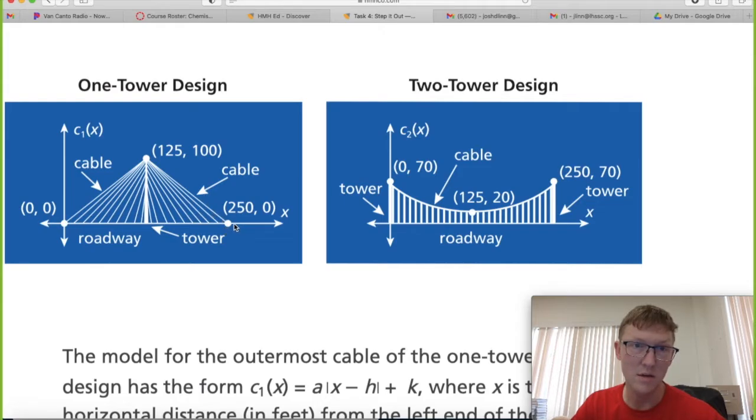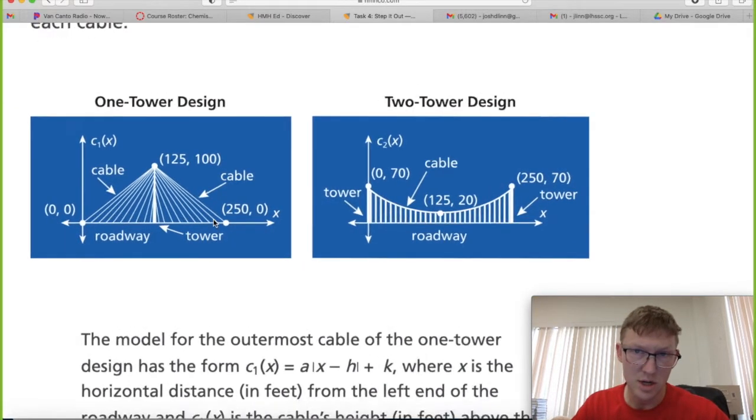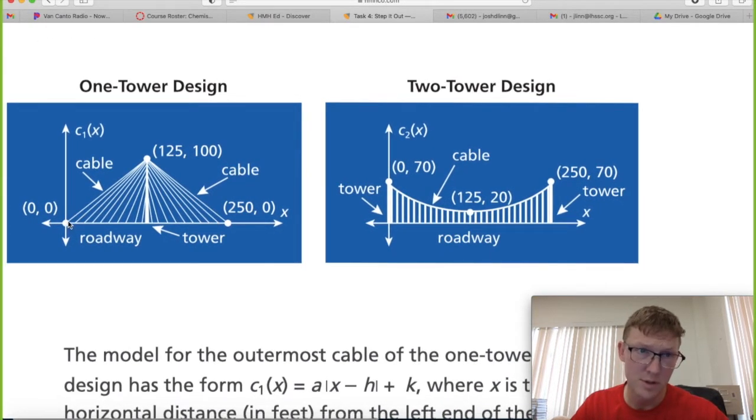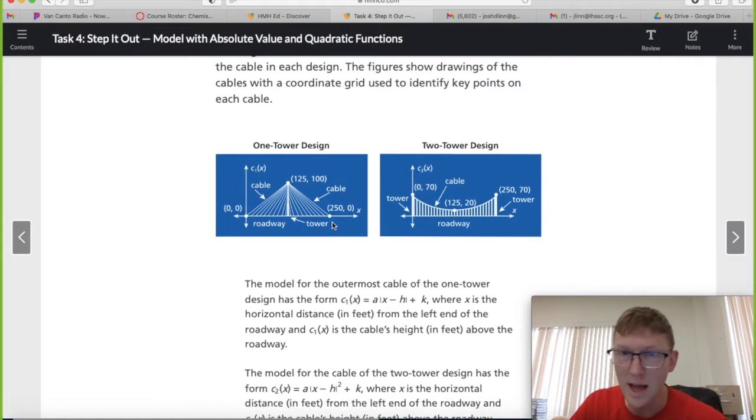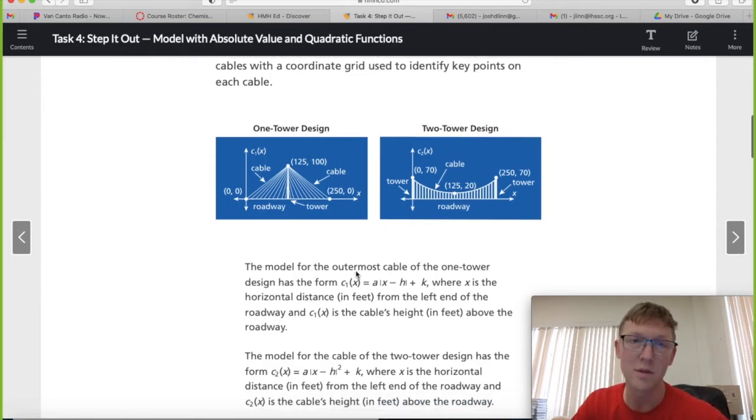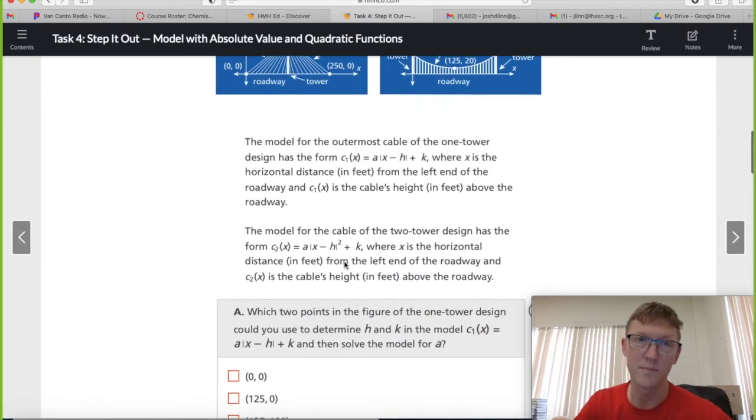Their length is 250. Height over here is 100. Height over here is 70. These are things that, as an engineer, matter. 0, 0 is right here in the bottom left-hand corner. Things that I'm just looking at in these pictures before I move on with the questions they're giving.